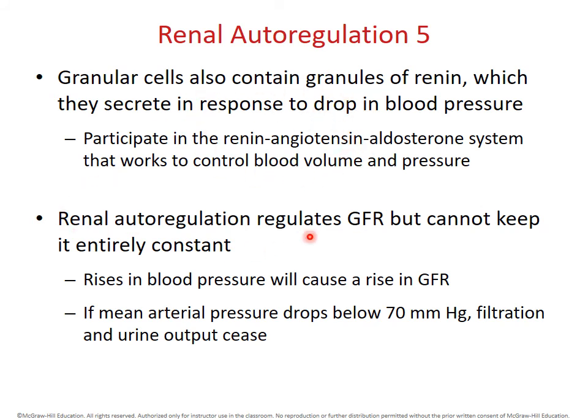All right, so renal autoregulation, this intrinsic ability of the kidney to regulate its own glomerular filtration rate, is good for moment-to-moment adjustments and homeostatic regulation, but it is not good for keeping it completely constant, especially in the face of chronic changes.